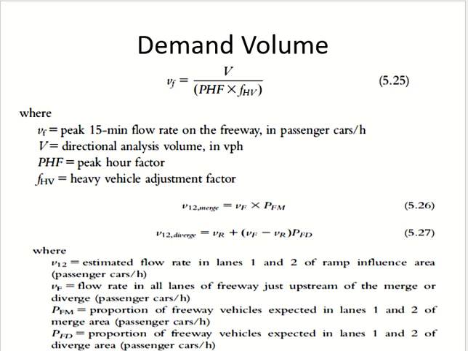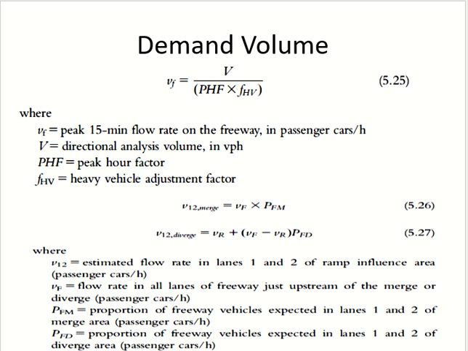Now when it is merging, nobody is going out from the freeway, right? It's merging. So VF, the freeway flow, multiplied by the percentage of people who are in the influence area. The remaining is outside. So they call it V12. Why V12? First lane, second lane. 2 lanes, right?